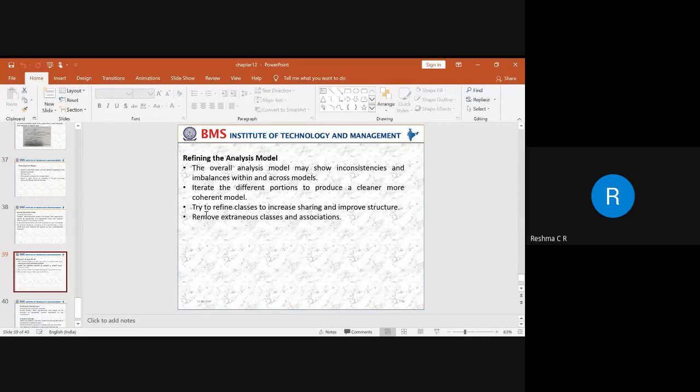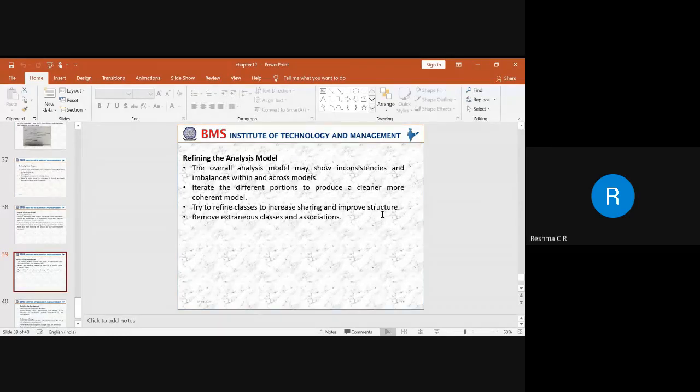The next thing is we need to refine the class to increase sharing and improve the structure. When we are trying to model a class, we are refining the different classes: which are related classes, which are unrelated classes. Whichever unrelated classes are there, we are trying to eliminate those classes, or we are trying to introduce a generalization. That is what is meant by increasing the sharing and improving the structure.